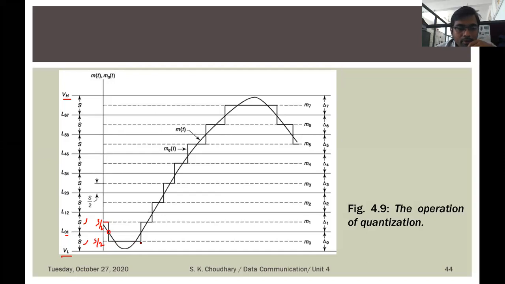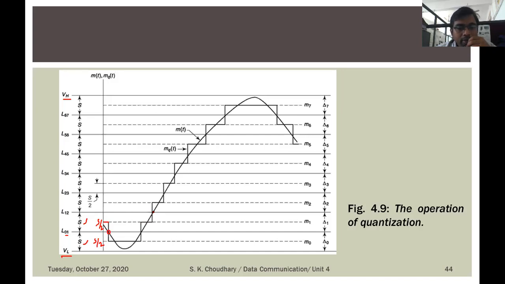And when it is near to transit its level from delta naught to delta 1, again it bends here and rises up by the step size of S, and again remains on the same level.